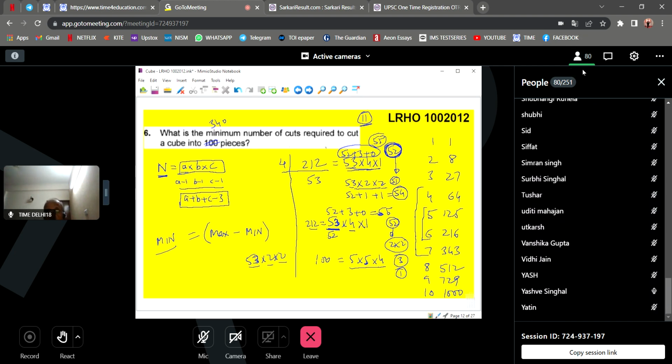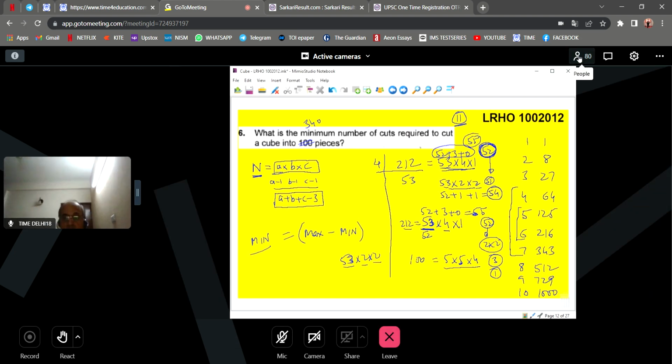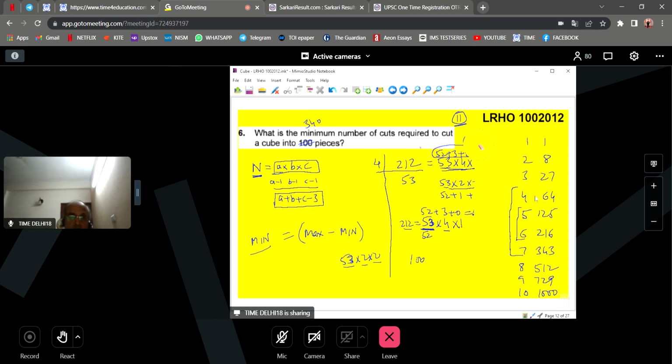Dhruv says 23, Himanshu says 23, Shivali says 23. Shafaq says 23, Kushal says 23. Fine, let's have a look. एक बार देख लेते हैं. Fine, 340.